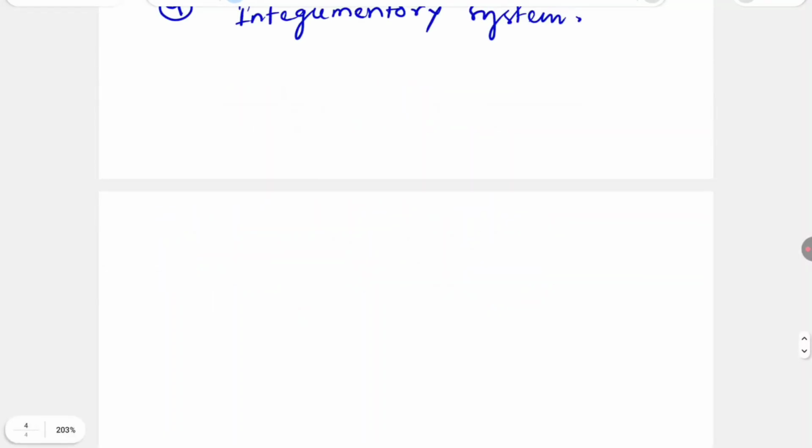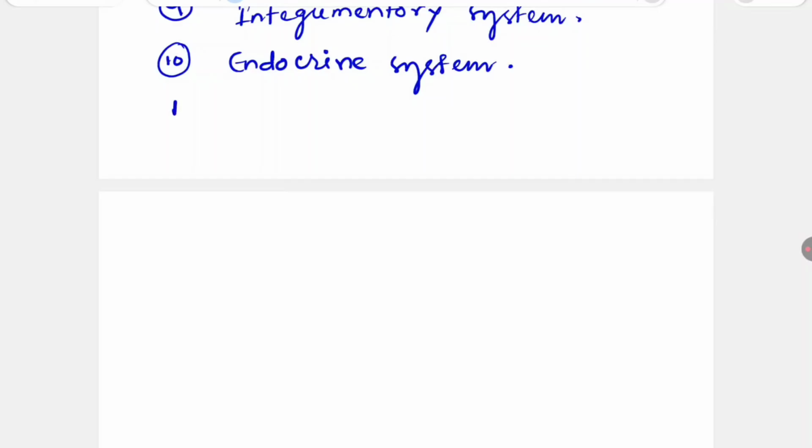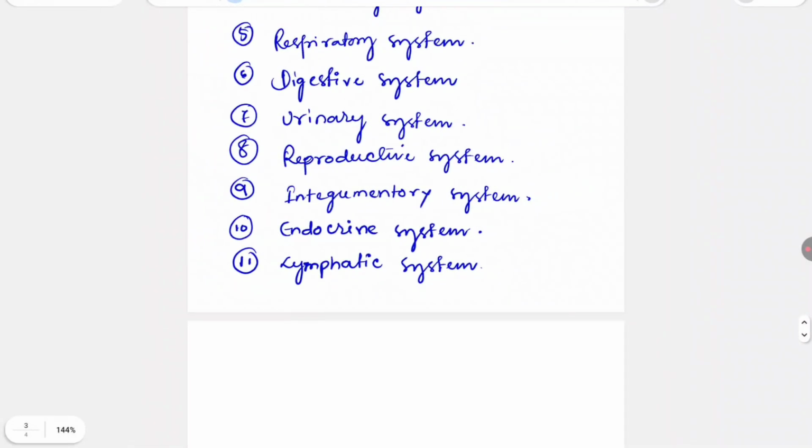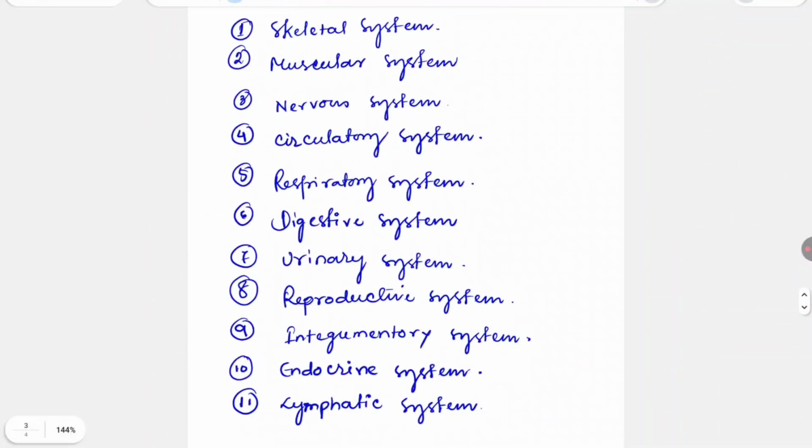Then tenth one is endocrine system. Eleventh one is lymphatic system. So these are totally 11 systems we are having in one human body.